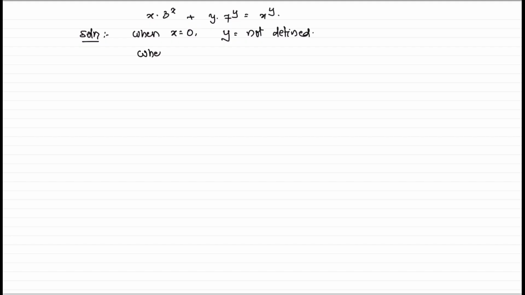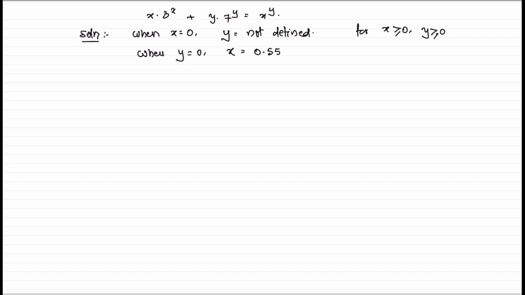When y is equal to 0, x is defined. If we consider positive real numbers, x is greater than 0 and y is greater than 0. When y is equal to 0, x is equal to 0.55, greater than or equal to 0.